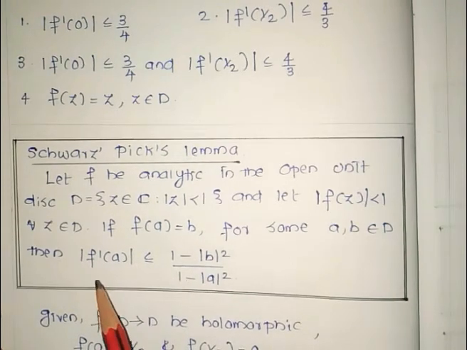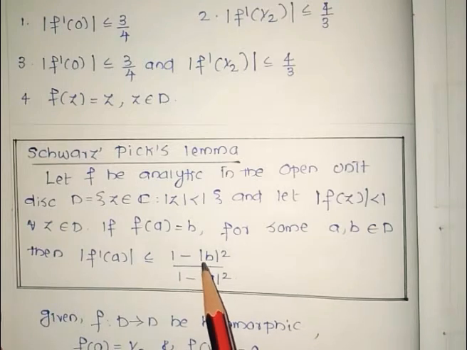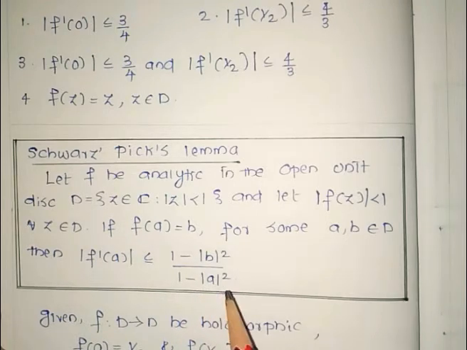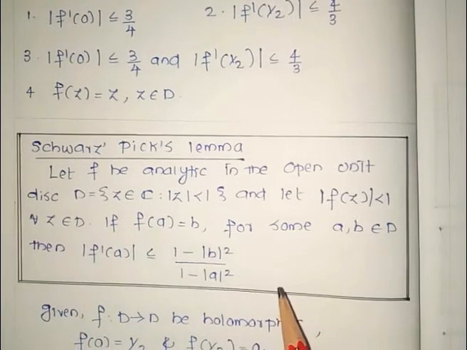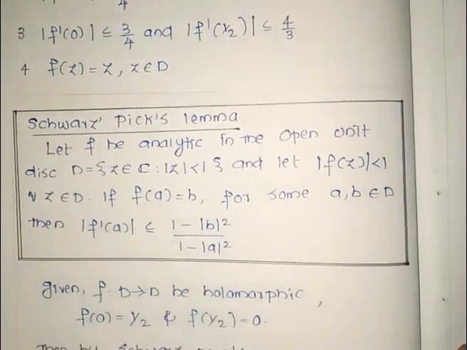That is, |f'(a)| ≤ (1 − |f(a)|²)/(1 − |a|²). Okay, so that is our statement of the Schwarz-Pick lemma. Now we are going to our question.